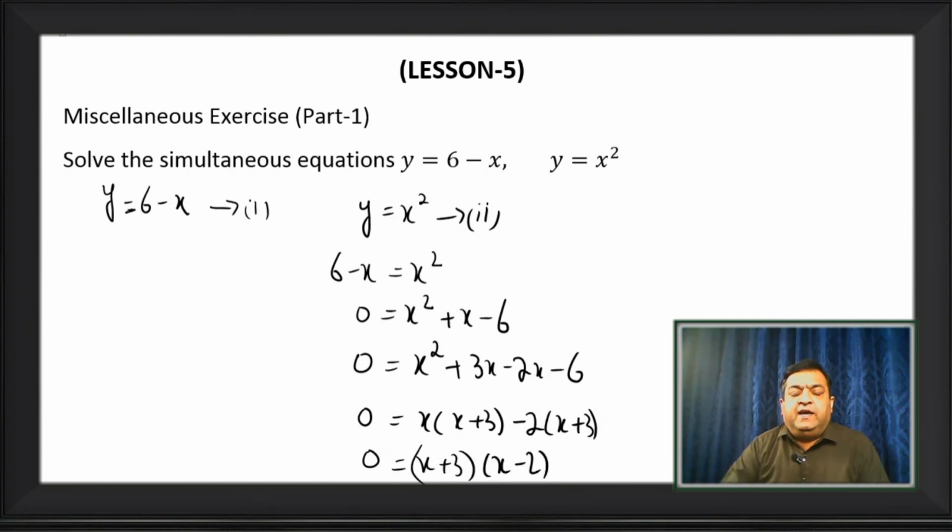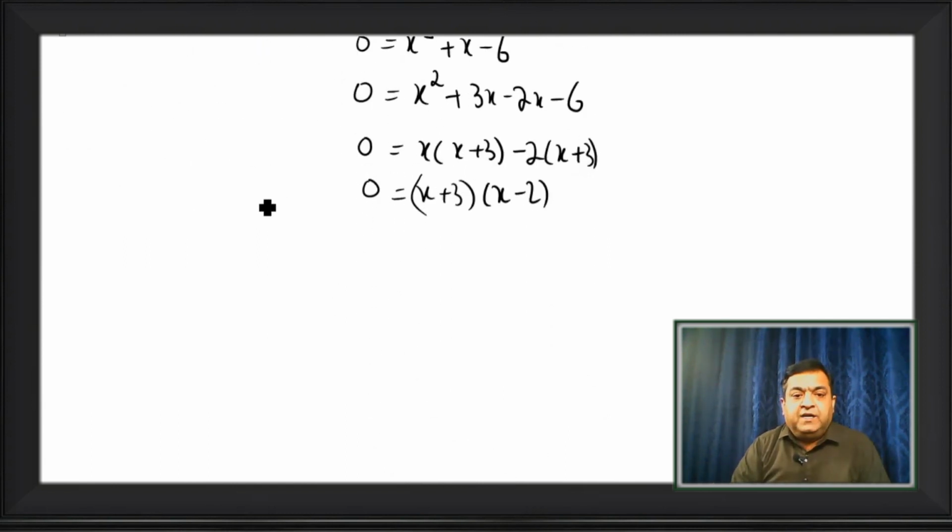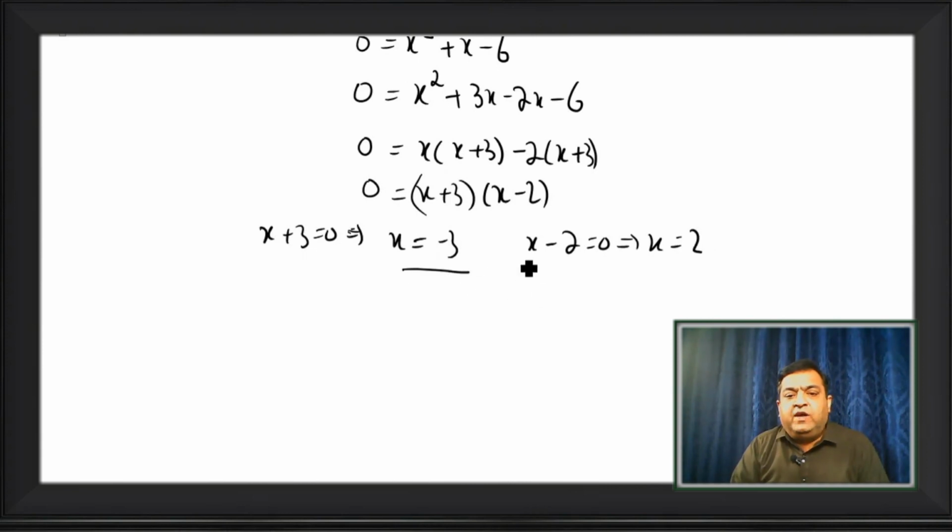So what did we get? We got two different values of x. By putting x plus 3 is equal to 0, we get x is equal to minus 3, and by putting x minus 2 is equal to 0, we get x is equal to 2. So there are two values of x now. What was y? y was 6 minus x.